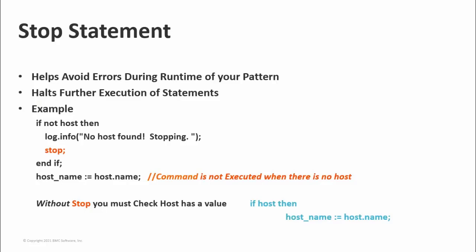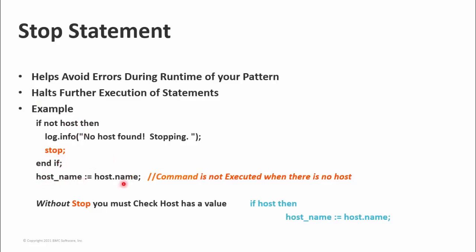So here's an example. If not host, meaning the variable host is not defined or has no value, or it has a none value, then we're going to log an informational statement saying no host found, stopping. And then we stop. And then there's the end of the if, end if. Now, if there is a host value, then all the rest of the statements in the pattern will be executed.